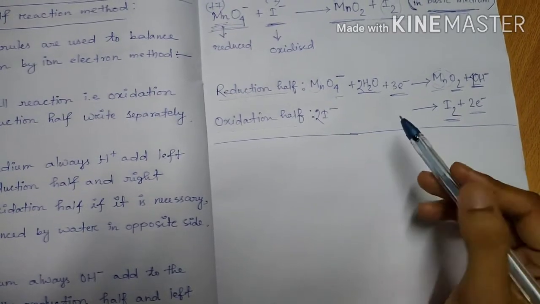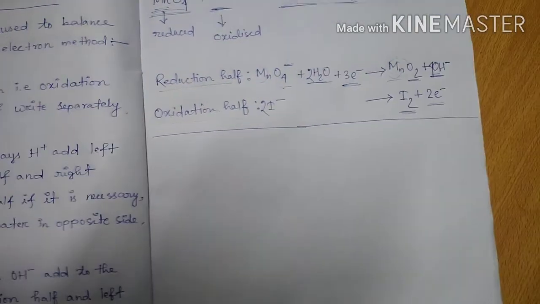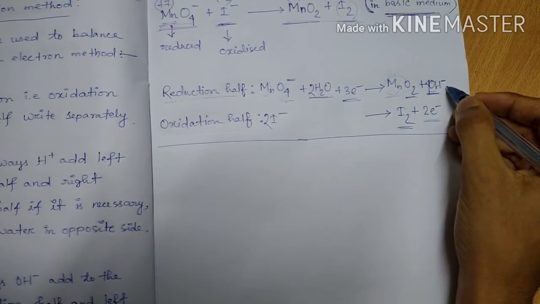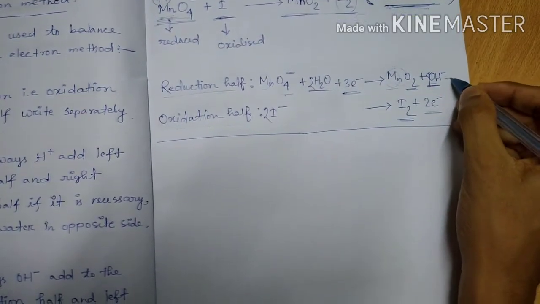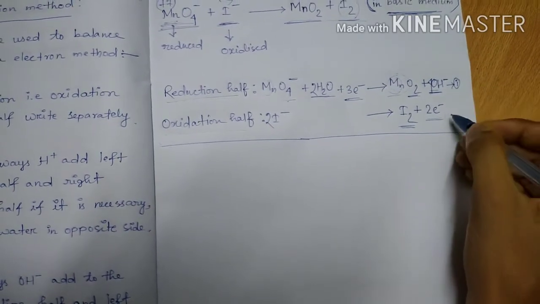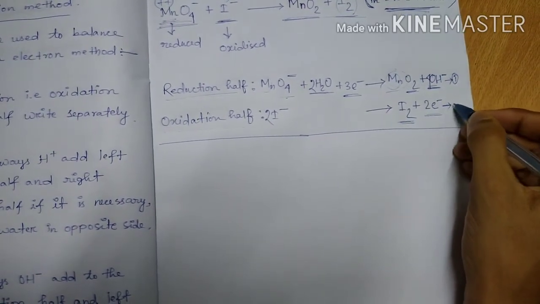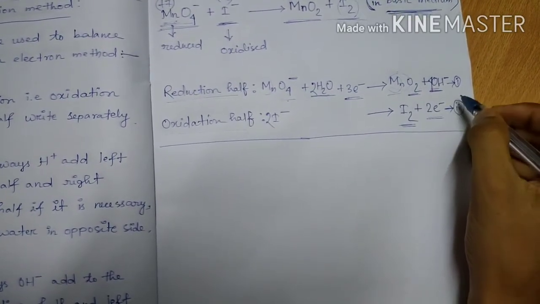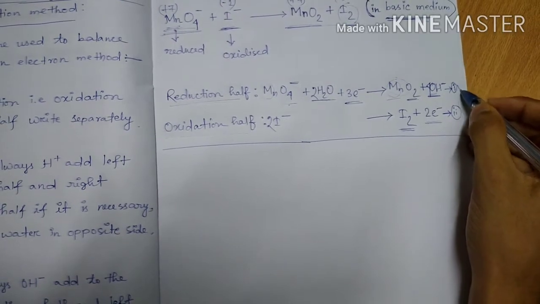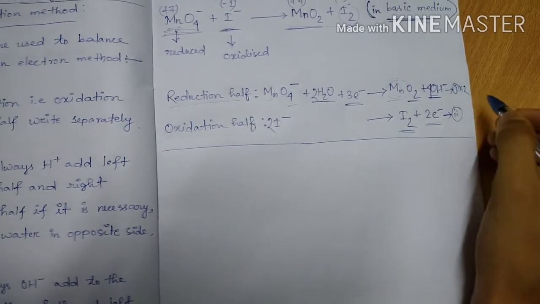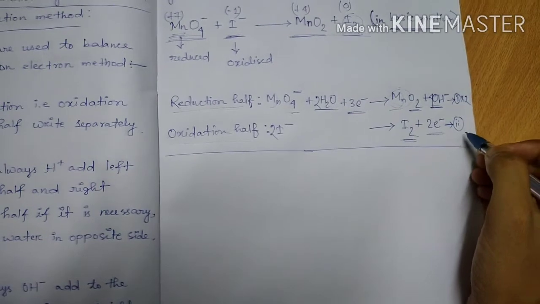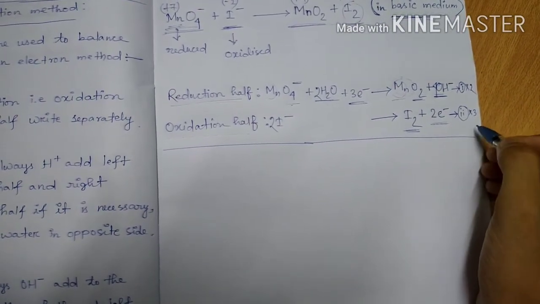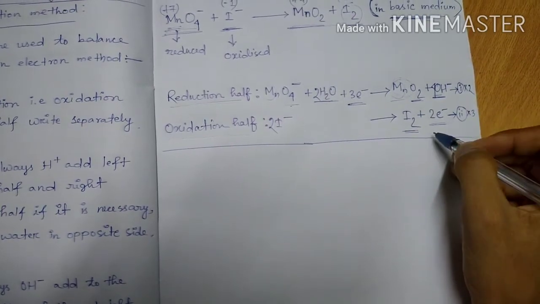Now you see, if we let this reaction be equation 1 and this be equation 2, then if we multiply equation 1 by 2 here, and if we multiply equation 2 by 3 here, then the number of electrons will get cancelled.